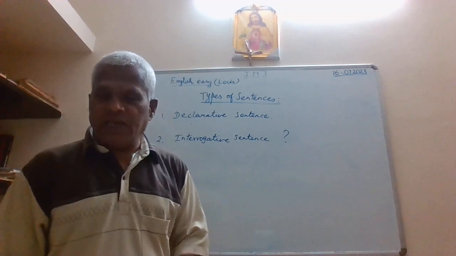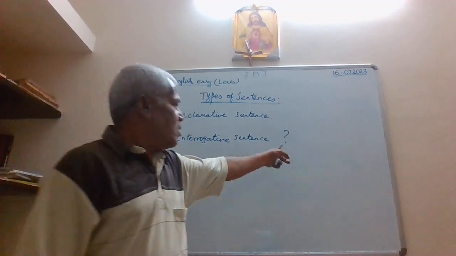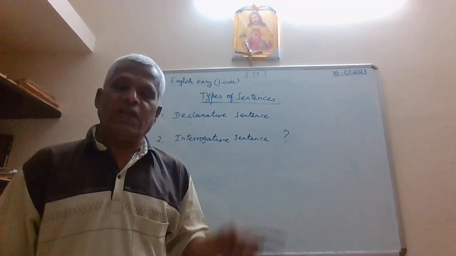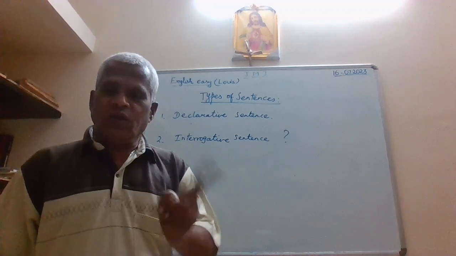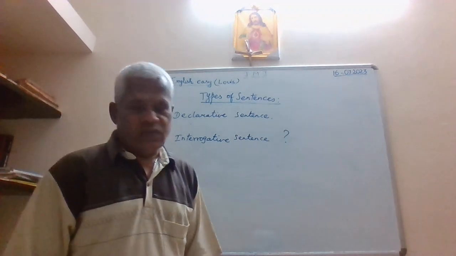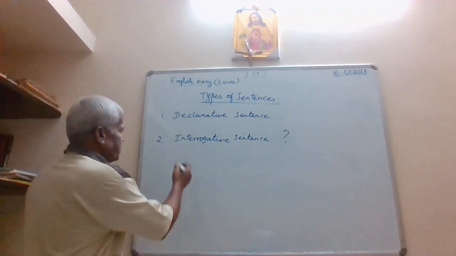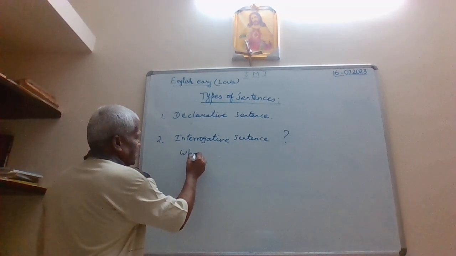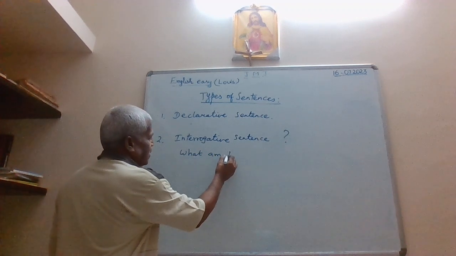Now interrogative sentences will end with a question mark. Why do I say interrogative sentences? Because there are two types again in interrogative sentences. Let me write a sentence. What am I teaching?